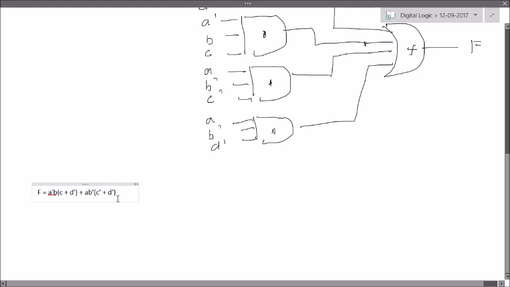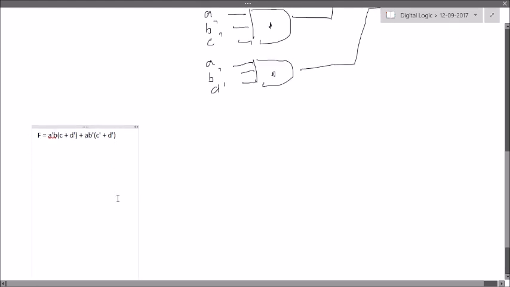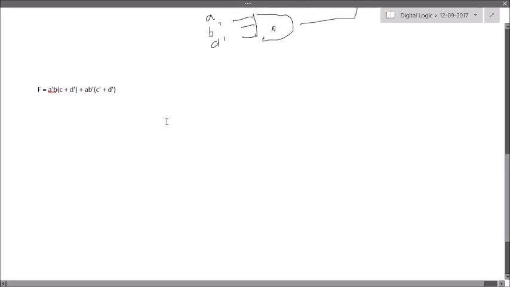Okay. Let me get some space. Okay. Let's draw this. Starting inside, C plus D prime. So that's an OR gate. And on the outside, we get A prime B, so it is an AND gate.